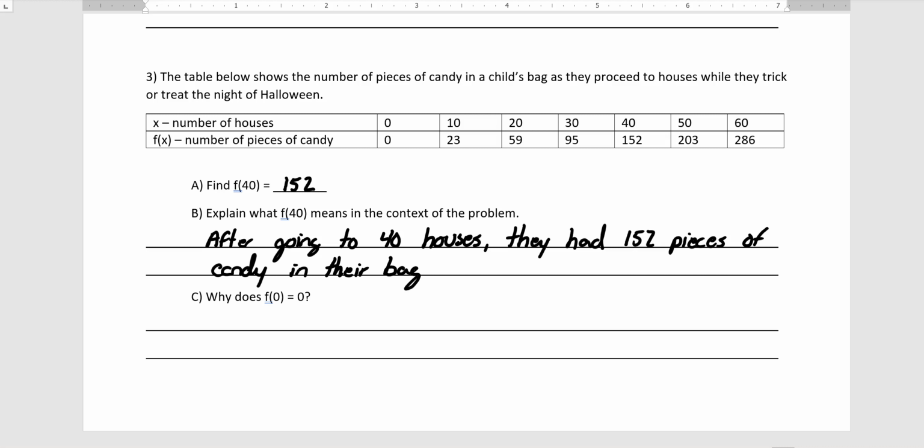Okay, why does f of 0 equal 0? This is a great question. And it's pretty straightforward. How much candy would you have in your bag if you haven't gone to any houses yet?